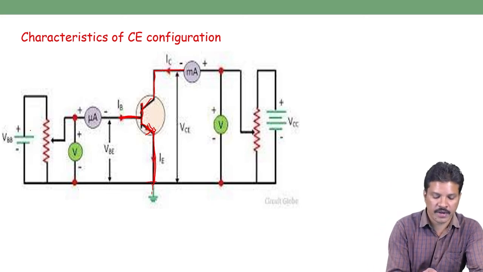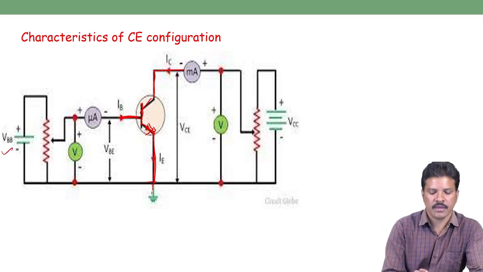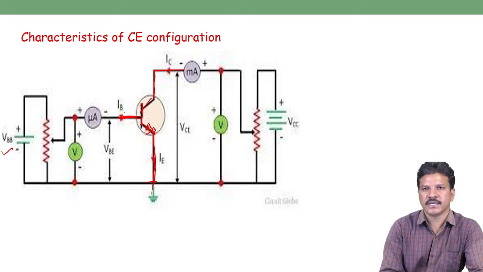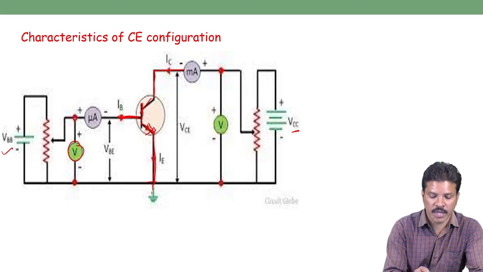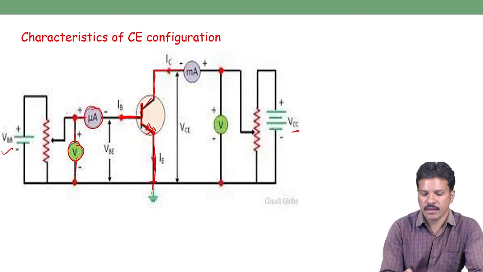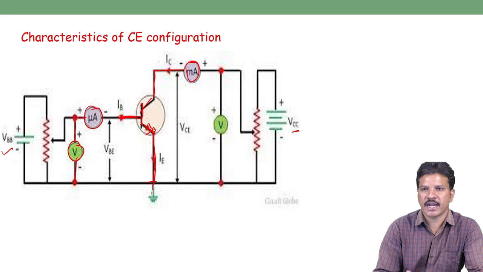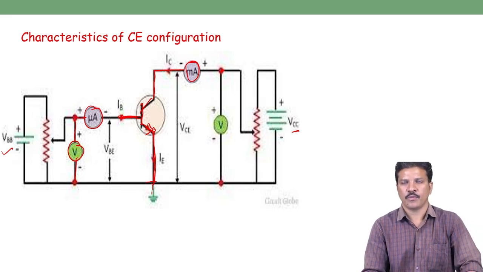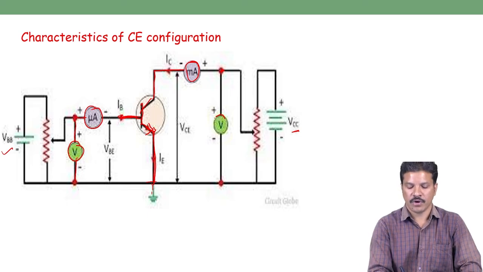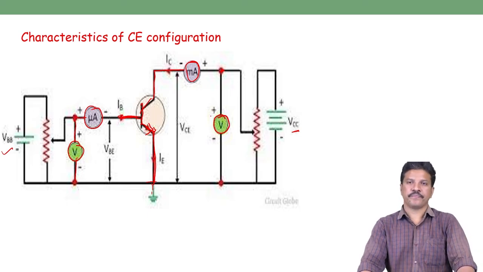A battery VBB is provided at the input side, the base, and VCC is connected to the collector. To measure the input voltage, a voltmeter is connected in parallel, with an ammeter in series at the input. At the output side, measure the current by connecting a series ammeter in the collector side and a voltmeter at the output side.